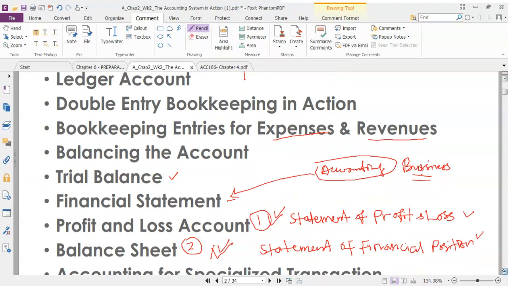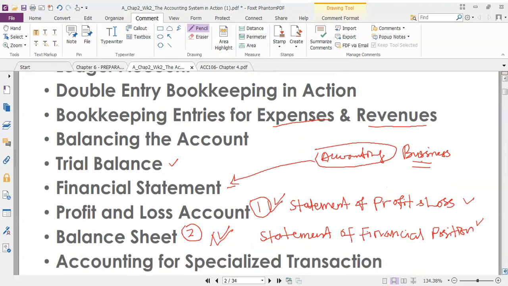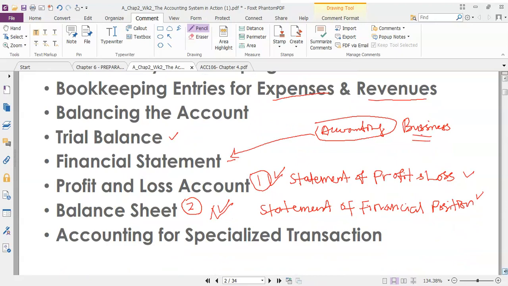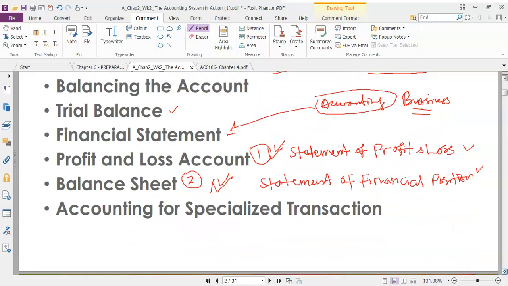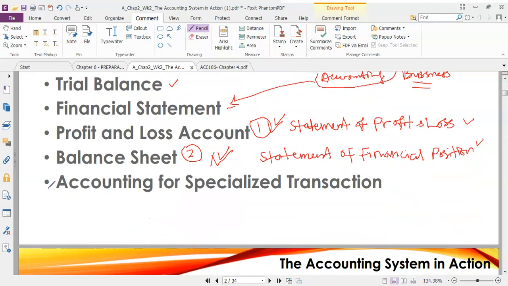Okay, last week saya ada ajar tak apa itu? Okay, what is asset? What is liability? Ada ke tak? Asset ada kan?